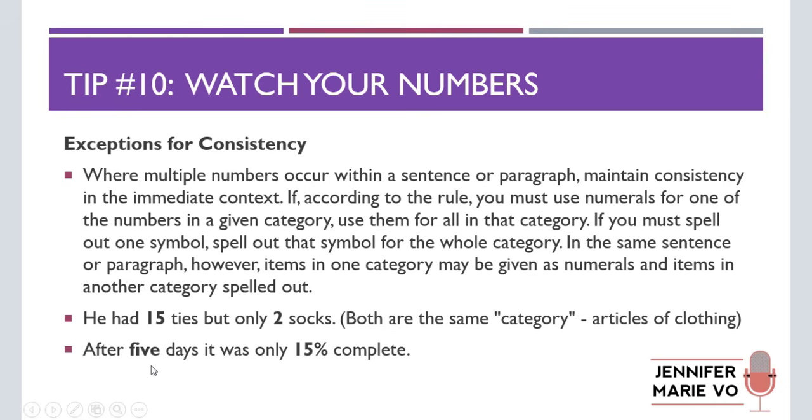Now, if it's a different category, so look, after 5 days, it was only 15% complete. Even though these are 2 numbers, this number is referring to days, and this number is a percentage referring to something else that's not days. Okay, so here you can have 1 written out and 1 not written out.